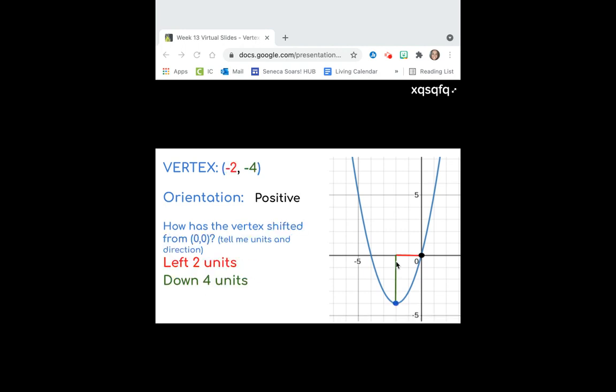All right, so this vertex is located at -2, -4. I had to go left 2, which is why the x value is -2, and down 4 to get to that vertex. And the orientation is positive because the ends of the parabolas are facing upwards.